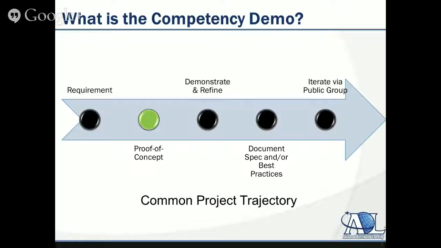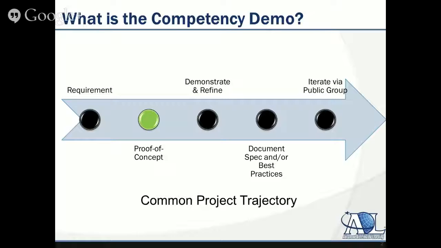So we're just starting now. In fact, this is one of the very first sessions where we've talked about it, and we're continuing to develop it. But anyway, you see I have the little green lit up circle there. What we're going to see today is that proof of concept. We're going to continue to demonstrate and refine it as we get further and we learn how all of these different things work together. And what these things are, I'll talk about in a minute.